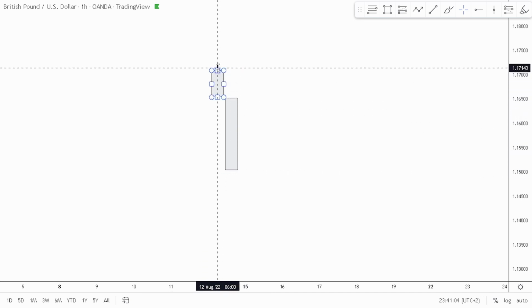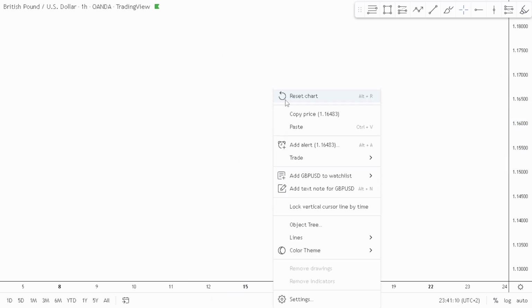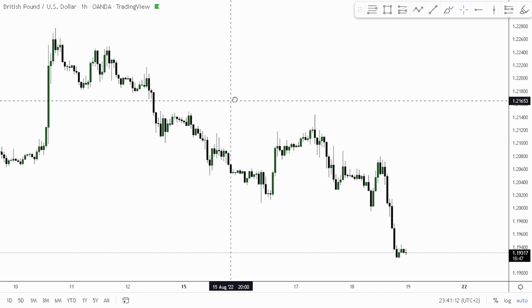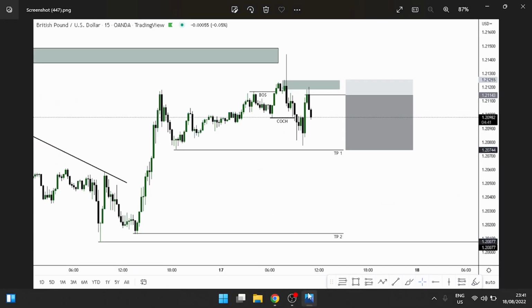Now let me show you imbalance in the actual market. Let's just go to the actual market so that I can show you what it is that I'm actually talking about. So guys, firstly, let us just go through a trade that I took on GBP yesterday. Price had shortly reacted from a level of supply. No, not that we got tagged in, price tapped into the level of supply.